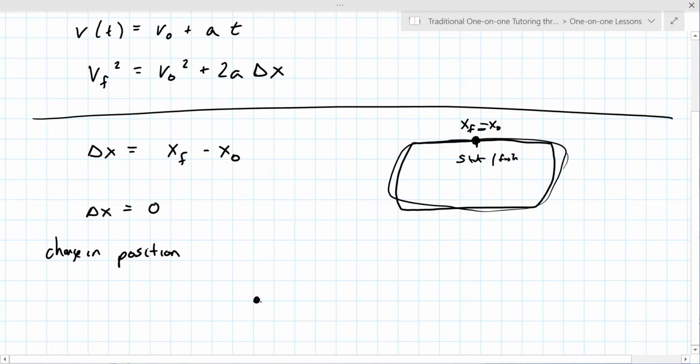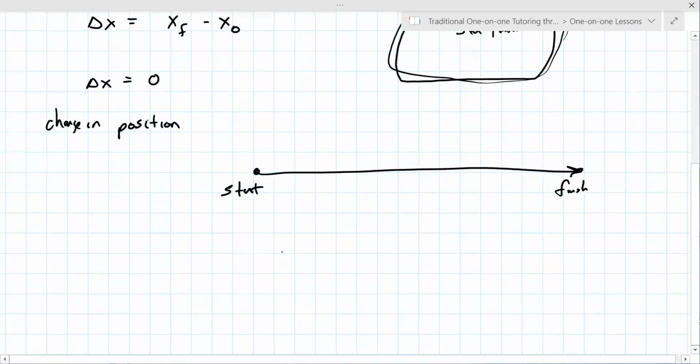Okay. But now let's say you go out your front door and you just run. Here's your start. Here's your finish. Your change in position, your delta x. And we'll give this some numbers. Let's say this is 100 meters away and this is 0 meters. Your delta x is 100 minus 0.